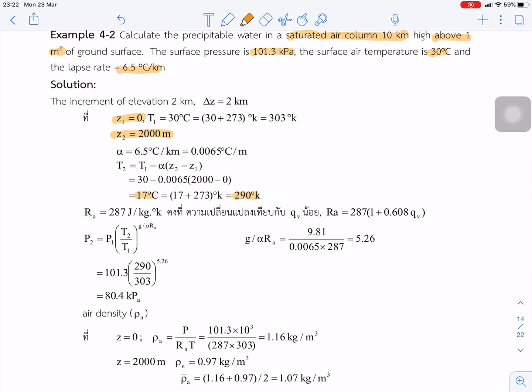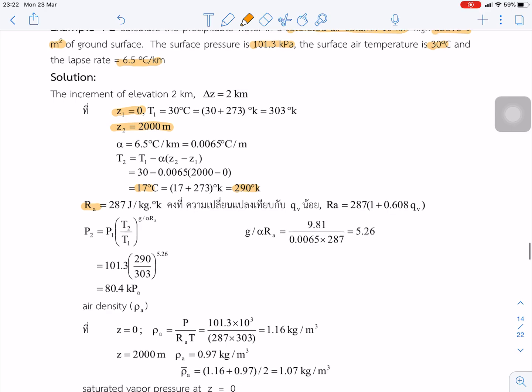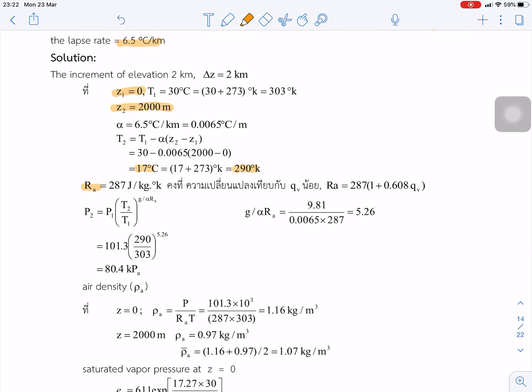We use the gas constant, the same as before, and next we estimate the power g divided by alpha R a. So we get the power number is about 5.26, and we can estimate the pressure at z2 is equal to 80.4 kilopascal.